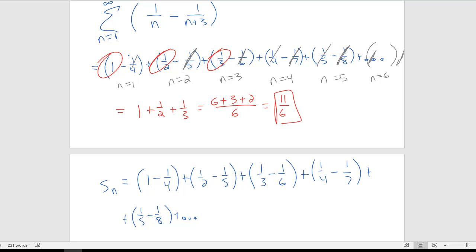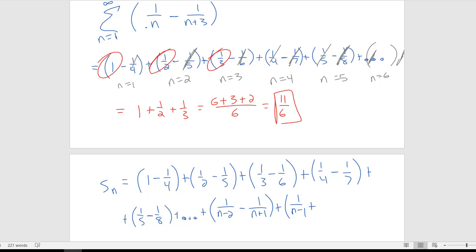So if I plug in n minus 2, I'm going to have 1 over n minus 2, and then minus 1 over. So if I plug n minus 2 in here, I get n minus 2 plus 3 is n plus 1. And then I'm going to plug in the n minus 1 term, so I'm going to have 1 over n minus 1. I'm trying to squeeze all this into my digital paper.